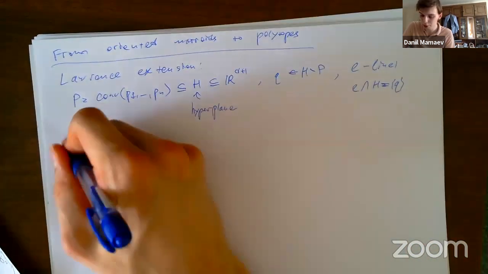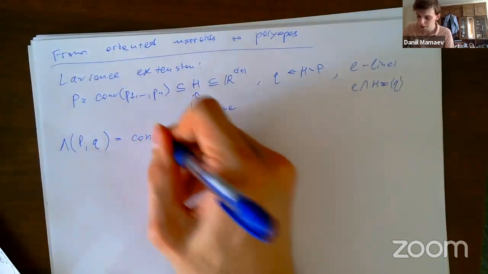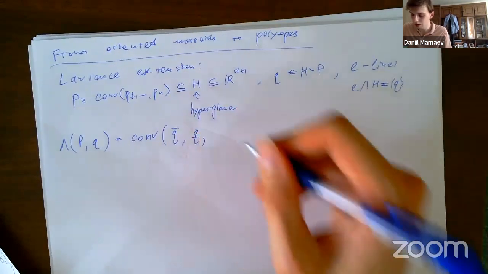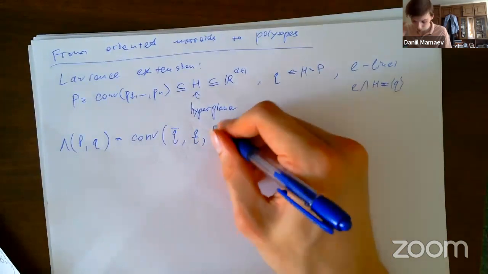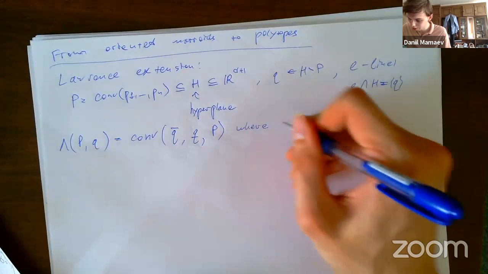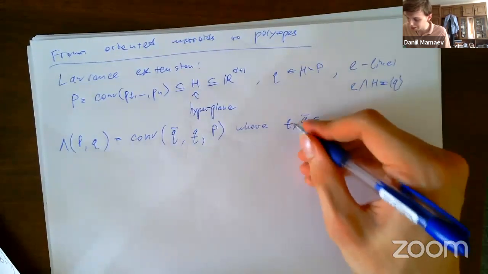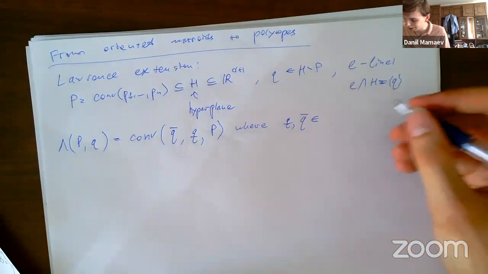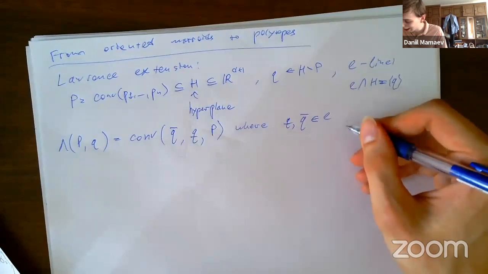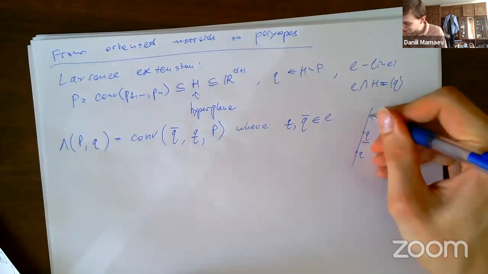Then the Lorentz polytope of this is the convex hull of 2 points lying on L, where Q bar and Q underbar lie on L, in this order.